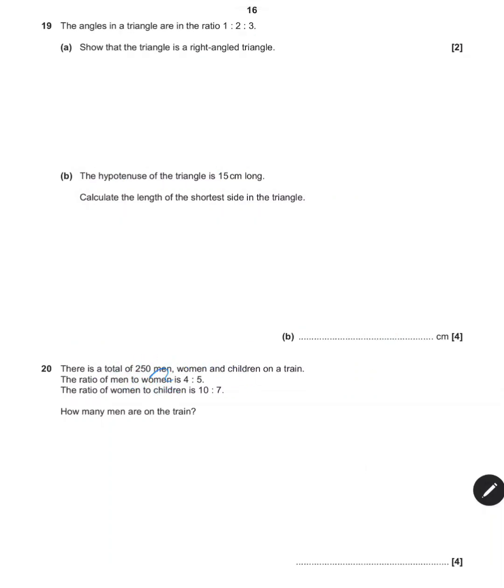Question 20, we've got the fact that there's 250 men, women and children on a train, and we've got 2 separate ratios. So men is 4 to women is 5, and then we've got a separate ratio that says women is 10 and children are 7.